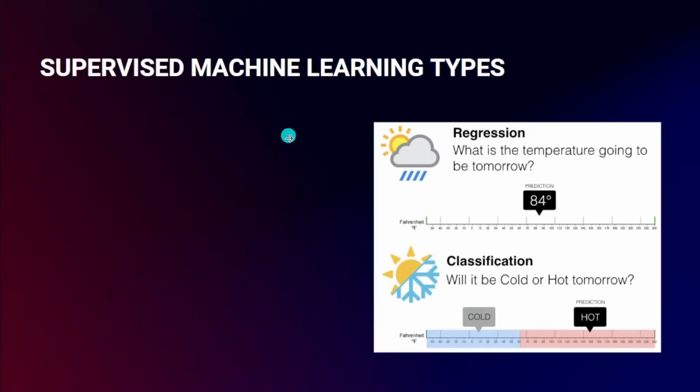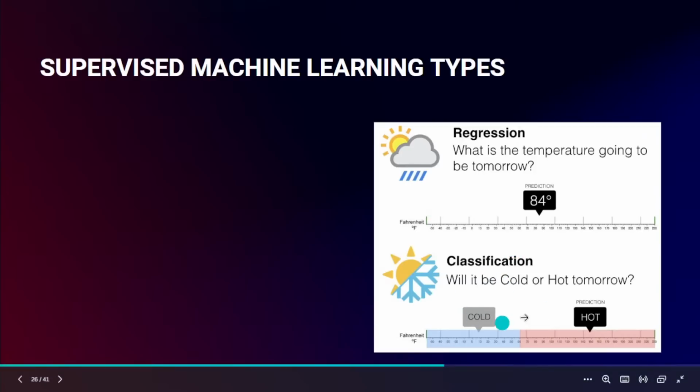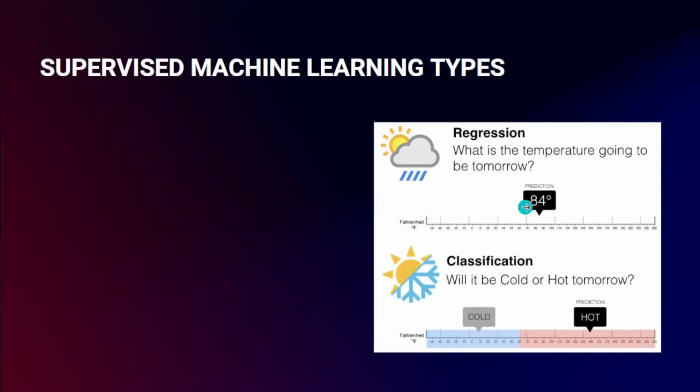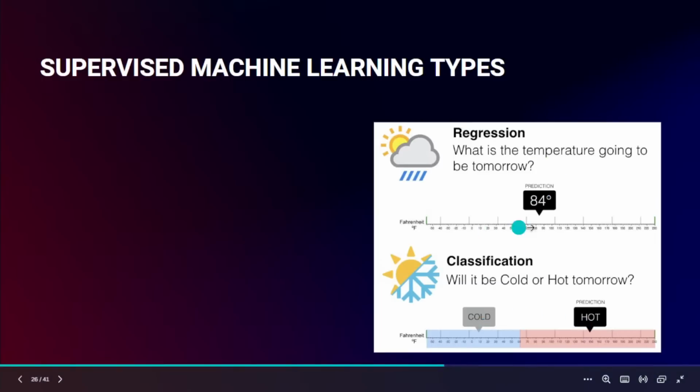In classification, categorical data is the label. When you go for regression, it is continuous data, which means you will be training on continuous values. Here you are going to predict the temperature, so it's not this or that, it's a value.